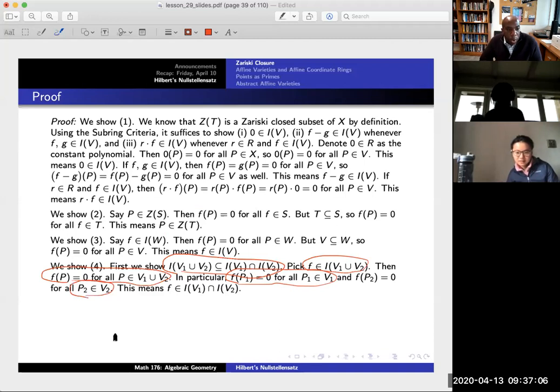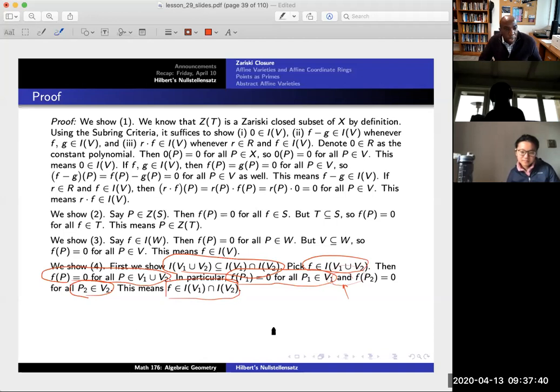Again, if it's 0 for all points in the union, then it's definitely 0 for all the points in the first and it's 0 for all the points in the second. But I'm using this conjunction here, "and," which is just the same thing as saying the intersection. Whenever I have a conjunction "and," it just means the intersection. So that gives me one containment: I of the union is contained in I of the intersection.